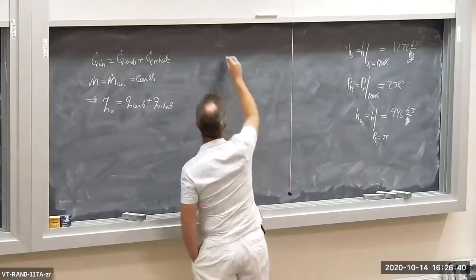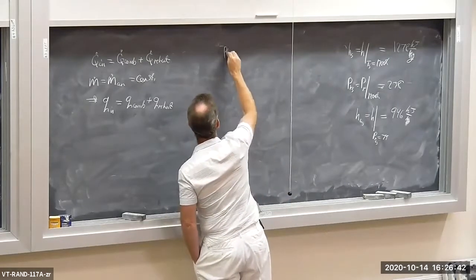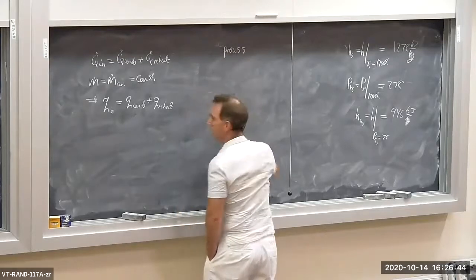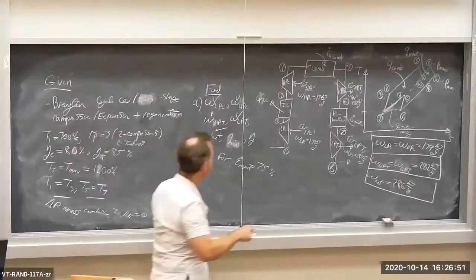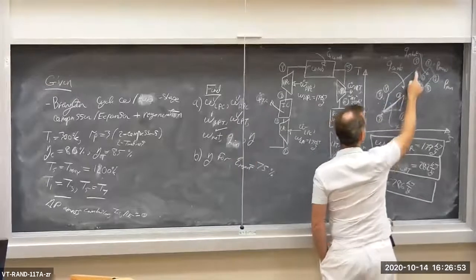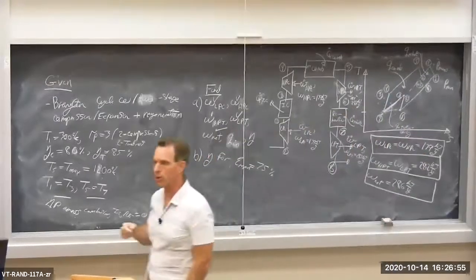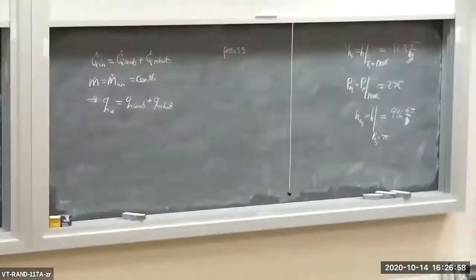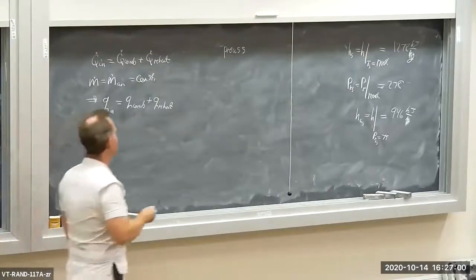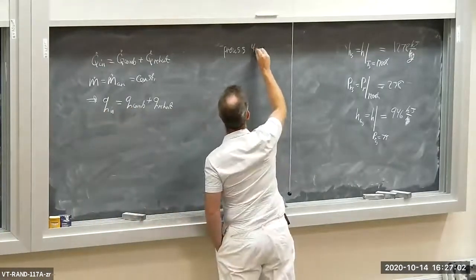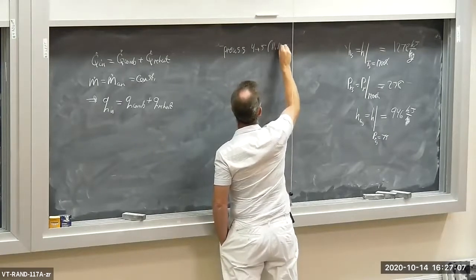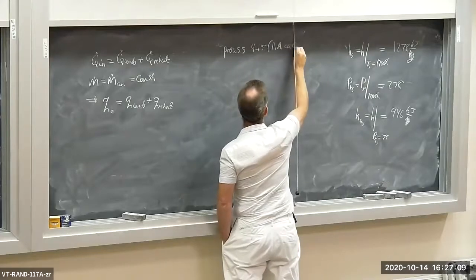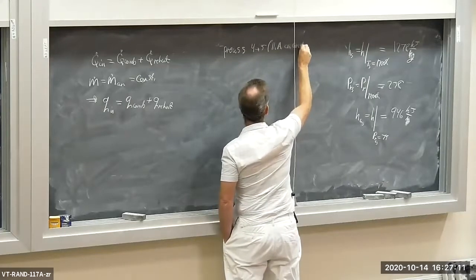If we apply an energy balance for the heat addition process in the combustor, that is process 4 to 5. That's where the heat addition occurs in the combustor. Process 4 to 5 is isobaric heat addition in the combustor.